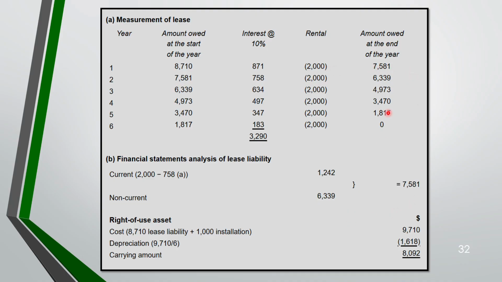And then we have got this amount where we have divided it into current and non-current. So the difference between these two is the current, that is 1242, and the balance is non-current. And the right of use asset, we start with this payment at the installation and divide it by 6 to find the depreciation.